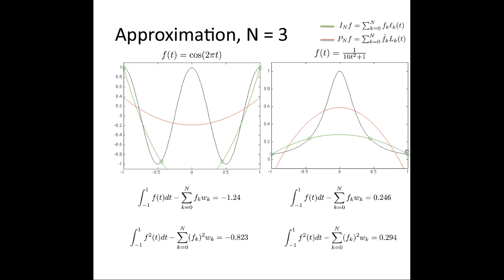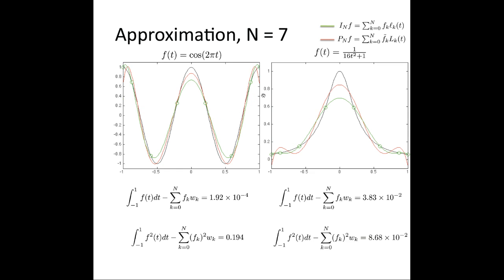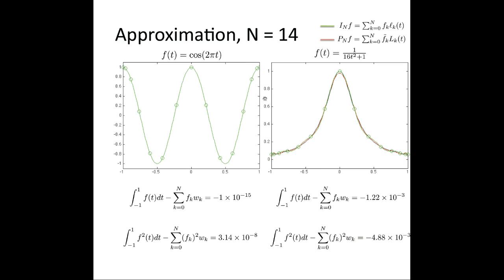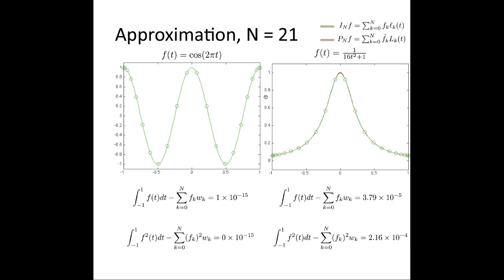So applying this approximation scheme to several test functions, cosine and 1 over 16t squared plus 1, we see that third order approximation is not very good. The seventh order approximation is already quite good. 14th order approximation is very close. 21st order approximation has very, very small errors that we can't actually see looking at the plots.